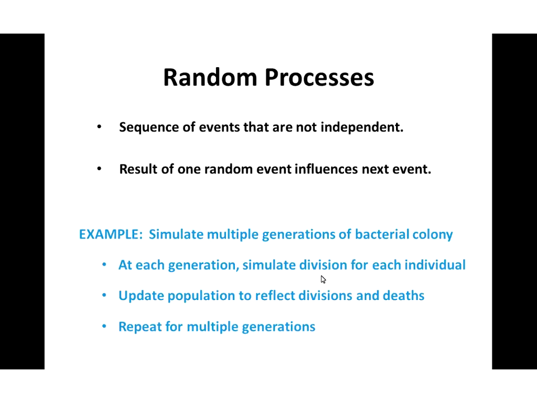So whether we do that using a loop, or whether we do that using the vectorized approach that we saw more recently, in either case, we can simulate that division for each individual and decide whether each lives or dies. And as a result of those divisions, we can then update the population to reflect how many bacteria successfully reproduced. And of course, if that happens, you'll remember that one bacteria becomes 2.